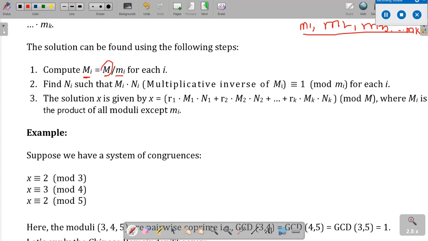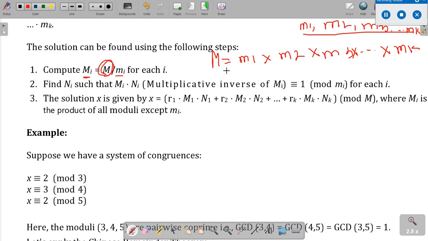What is m? To find m we will multiply all the dividers that are given in the problem, m1 into m2 into m3 up to mk. Thus we get the value of m.